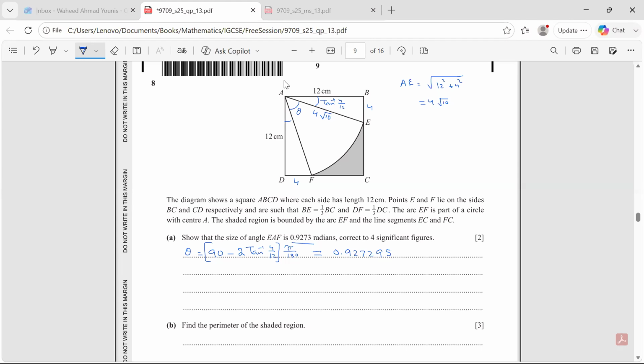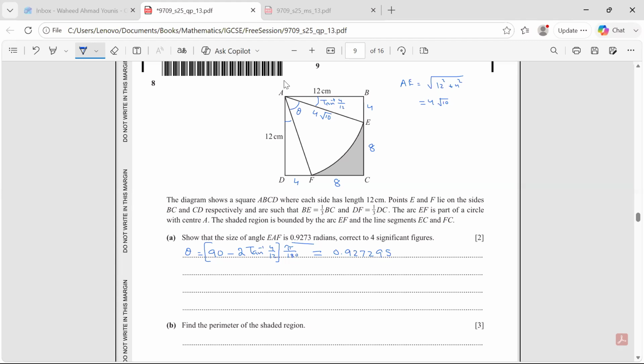Find the perimeter of the shaded region. We need to find the perimeter of the shaded region. So this part CE is 8, and in the same way, FC is 8. What is left is the arc length of this one.